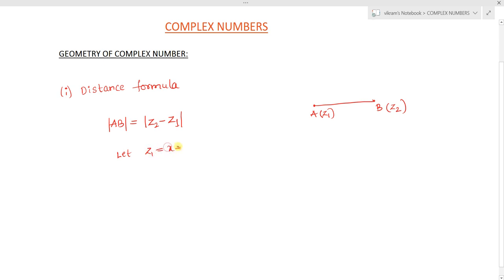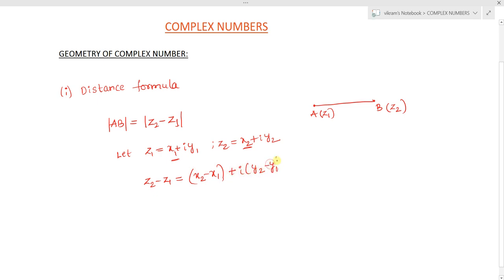Let z1 equal x1 plus i y1 and z2 equal x2 plus i y2. Then z2 minus z1 has real part x2 minus x1 and imaginary part y2 minus y1.